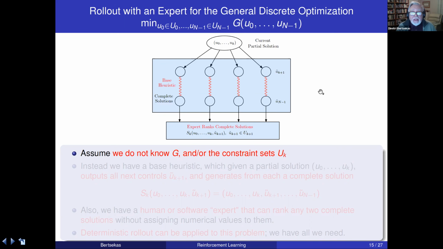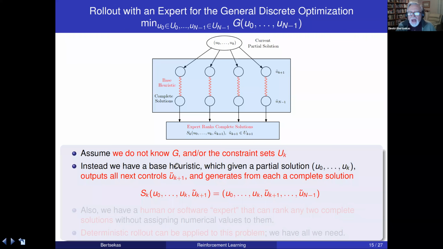So instead of G and the constraints, we have a base heuristic that does a lot of the work for us. This base heuristic at a current partial solution generates all possible next components, these u tildes, and then runs a heuristic all the way to the end and gives a complete solution, which we denote by s.